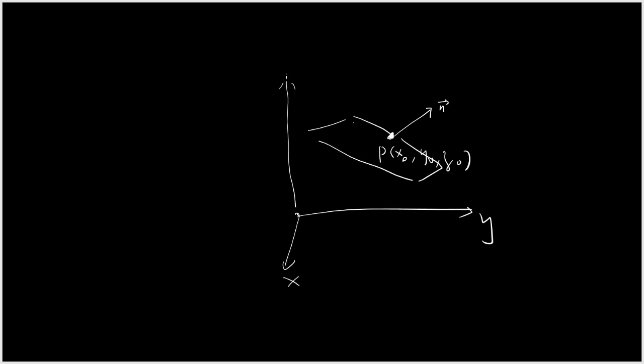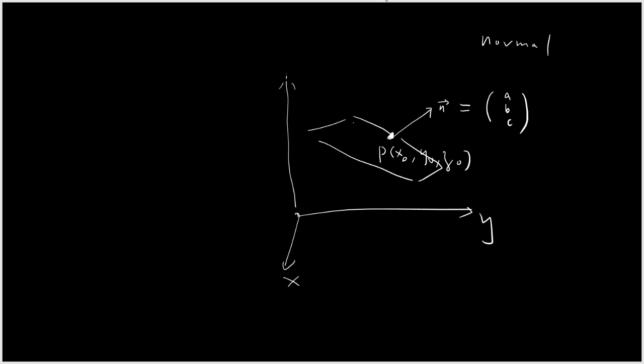Let's say n is a vector perpendicular to the plane. In this context we call it a normal to the plane. Each vector in space has three components: the first component is A, the second component is B, the third component is C.